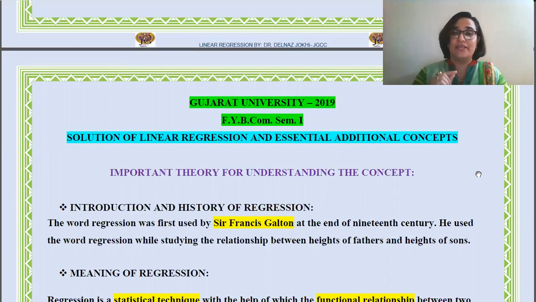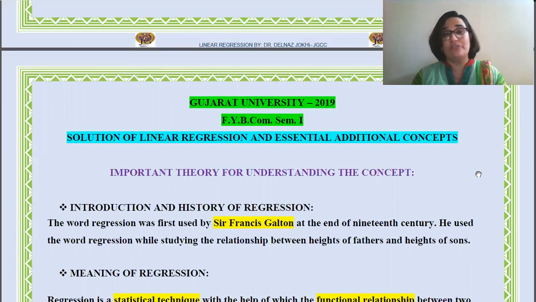So you must know, if you are revising regression with me through this 2019 paper, that the word regression was used for the first time by, as you see on your screen, a yellow highlight, Sir Francis Galton. He used this word for the first time at the end of the 19th century when he was studying the relationship between heights of fathers and heights of sons.